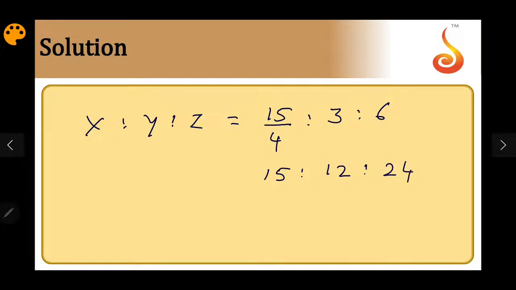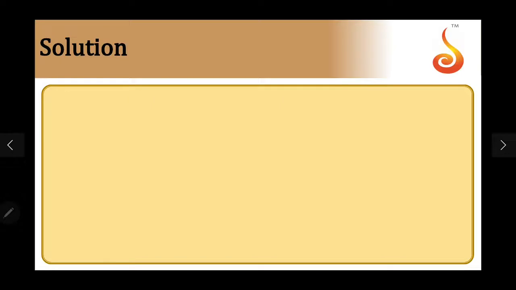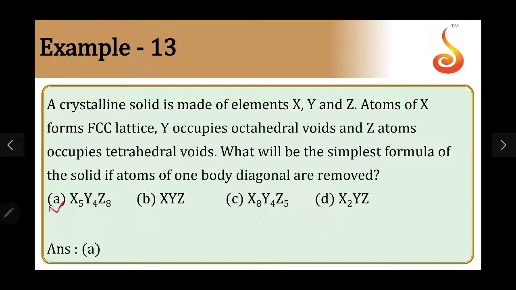So divide by 3: 3 5s are 15, 3 4s are 12 and 3 8s are 24. So 5 is to 4 is to 8. So X 5, Y 4 and Z 8. That is the simplest formula of the solid. So 5, 4 and 8, option A.